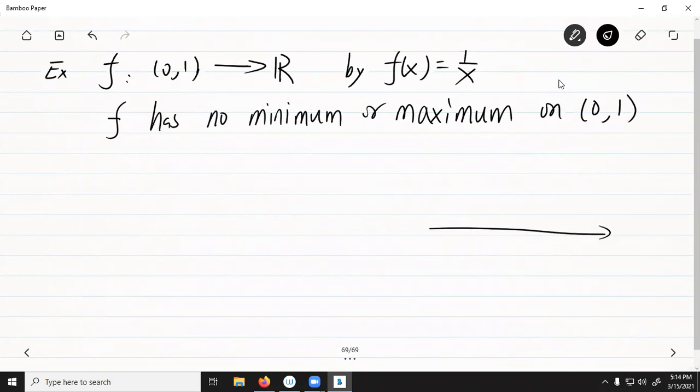We can use the graph to help you understand. This is 0, 1 is here. So the graph will look this way. You can go up forever.